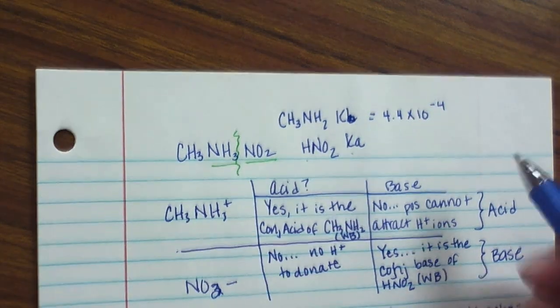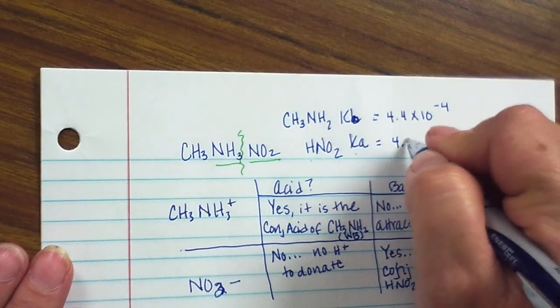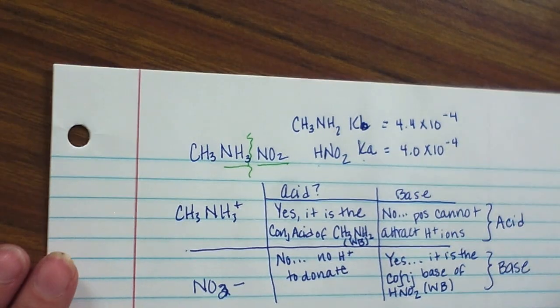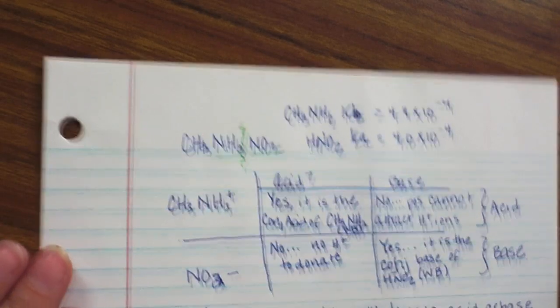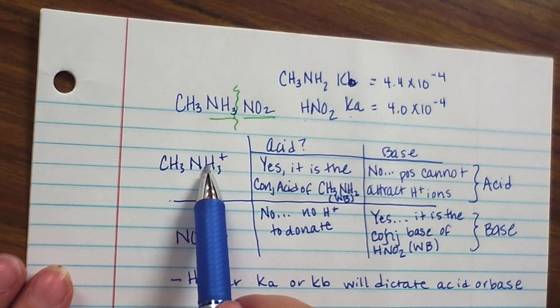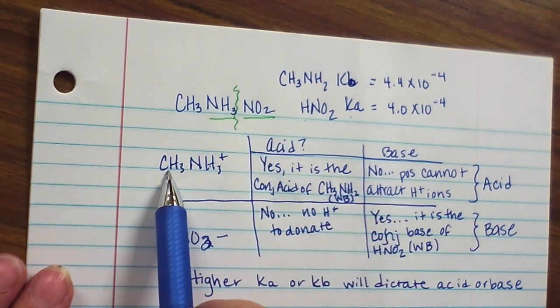And this is equal to 4.0 times 10 to the minus 4, which is dangerously close. That's not good that they're so close, because we're trying to determine which one is going to be bigger in the end. Since I know the Kb here, I'm going to find the Ka of the conjugate acid.